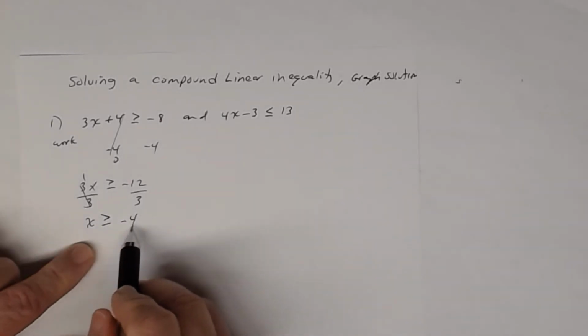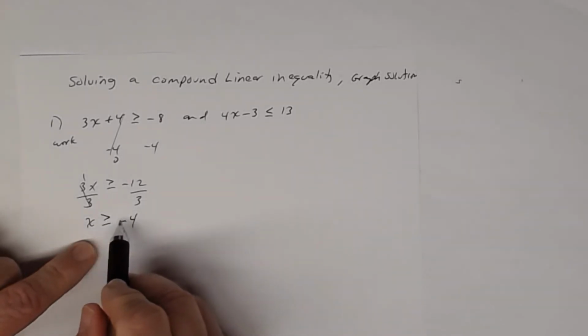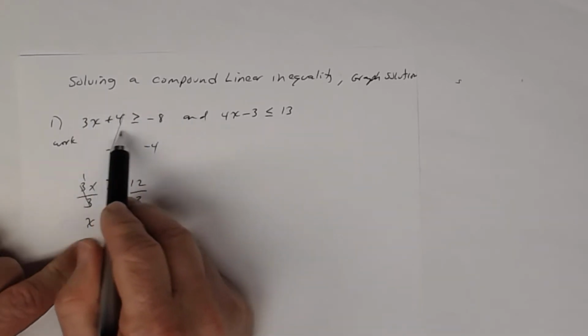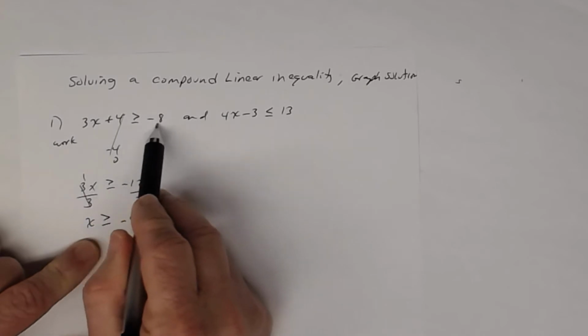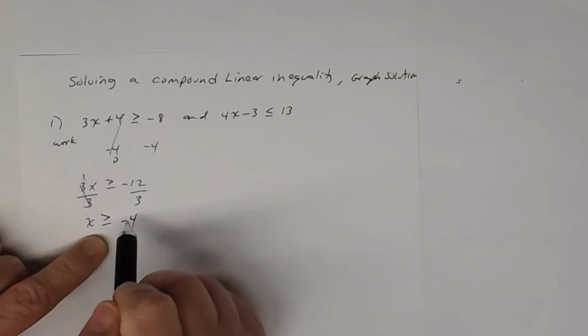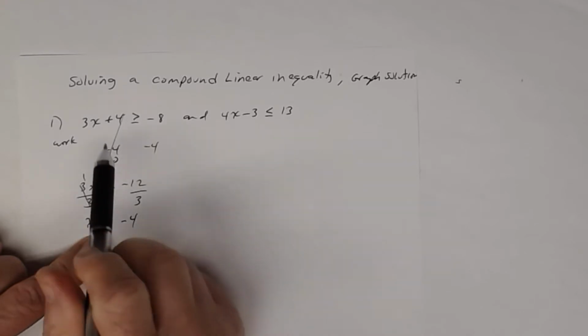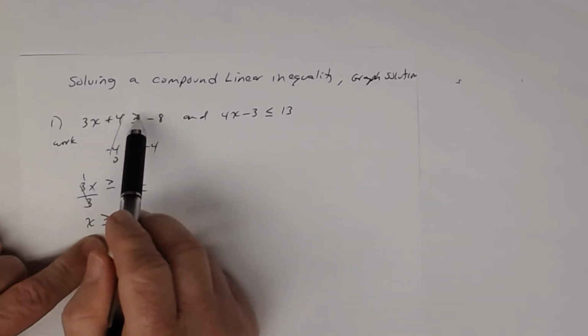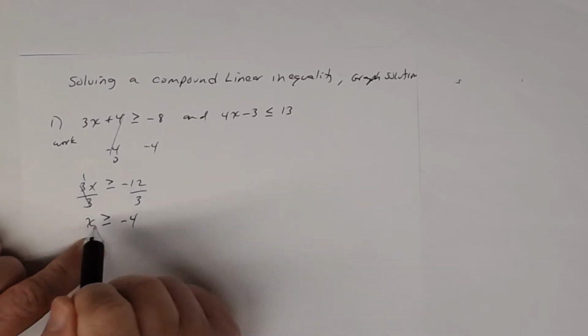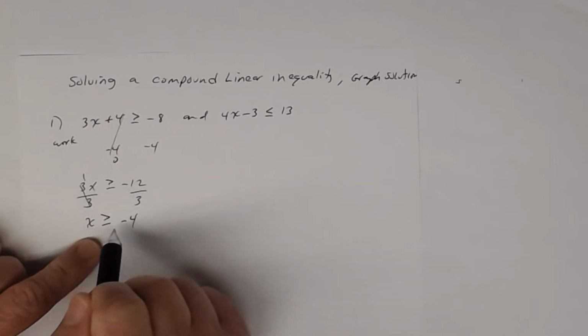Now what I found is this. You see where it says that x is greater than or equal to negative 4? That means that the solutions to this inequality, the one I'm circling, are any number greater than or equal to negative 4. If I substitute any number greater than or equal to negative 4, it's going to make this left-hand side greater than or equal to negative 8. For example, do y'all agree that 0 is greater than or equal to negative 4?